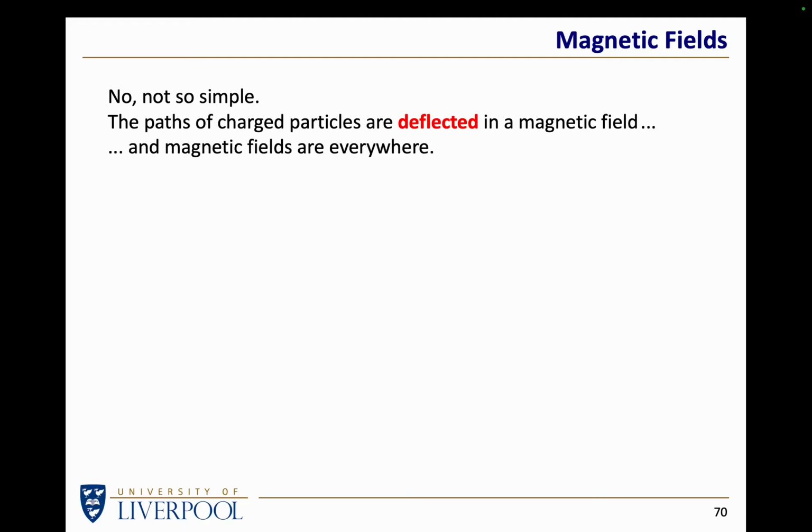Magnetic fields, unfortunately, are everywhere, and therefore we can only work out whether or not this charged particle came from a particular location if we know what magnetic field it's passed through. If it's passed through a strong magnetic field, it would have been deflected. So it might appear to have come from over there, but it actually came from somewhere else. We could be completely wrong.